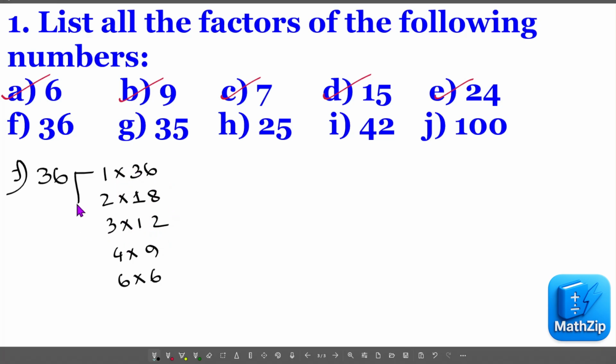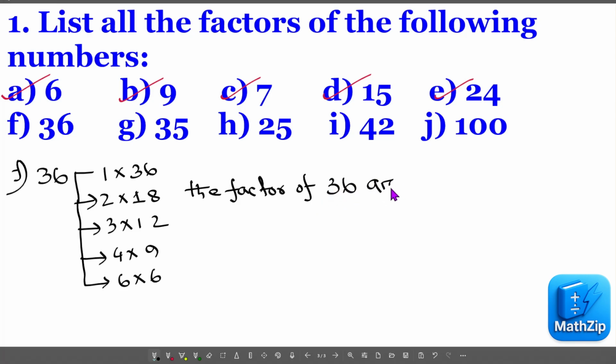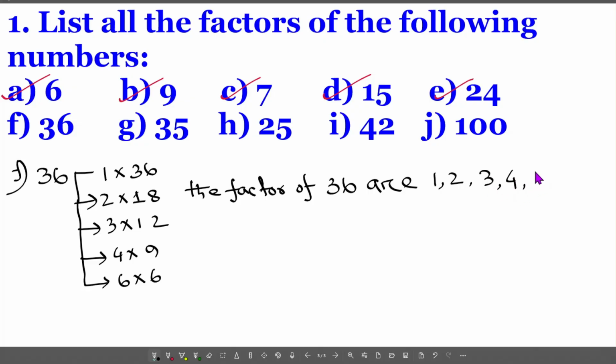So everything is done. So we can say the factors of 36 are 1, 2, 3, 4, 6, 9, 12, 18 and 36.